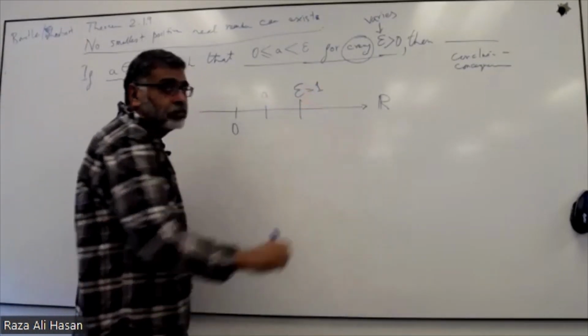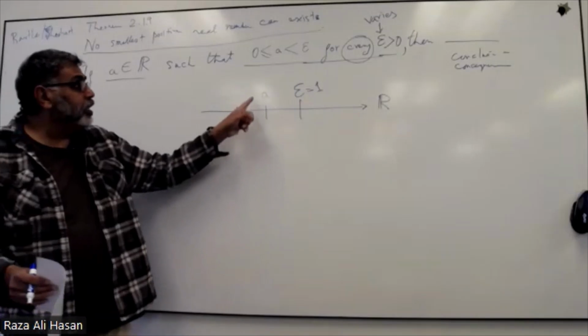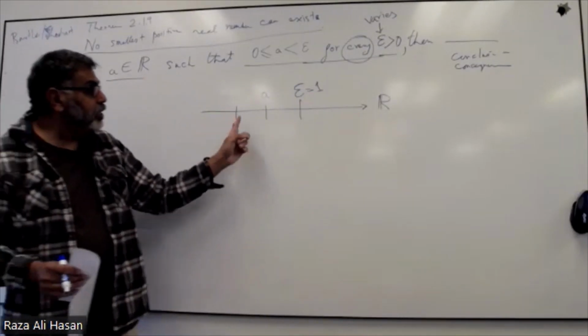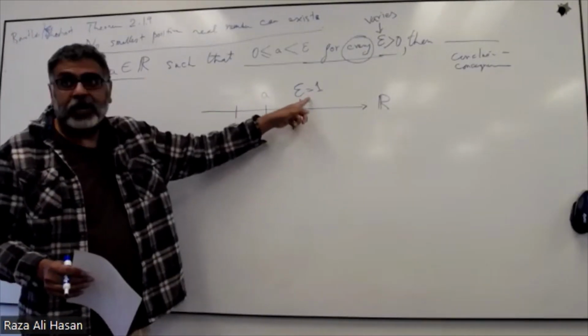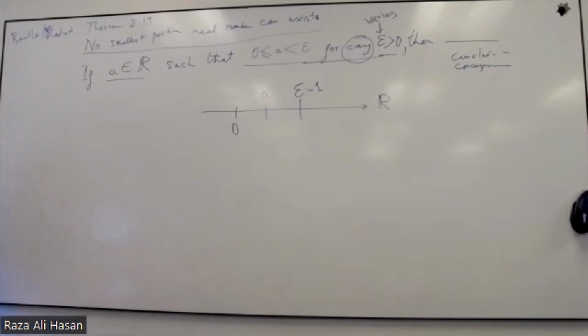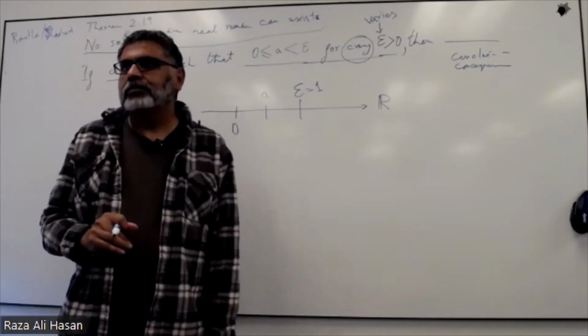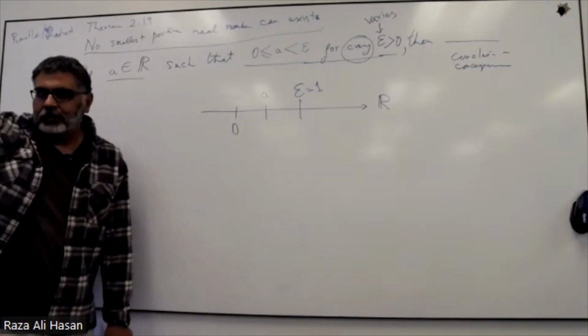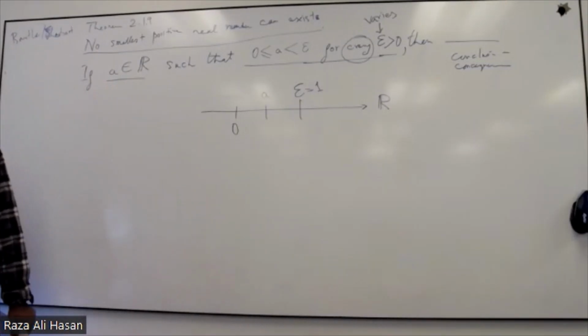Maybe 1. So therefore, this real number is between 0 and 1. Can epsilon have other values, folks? Math major, Thomas. So let's say it's half, or less than half, 1/3.